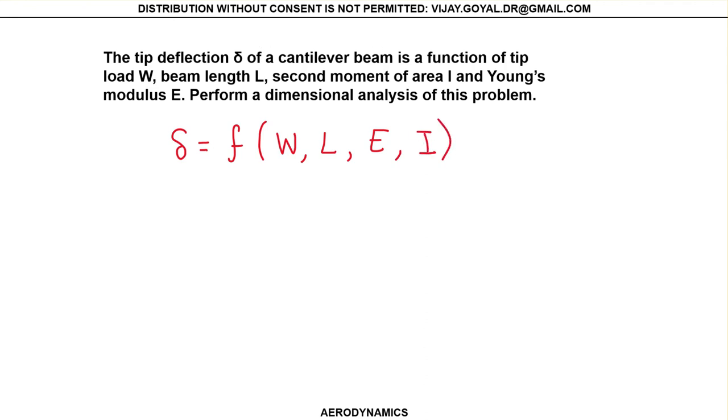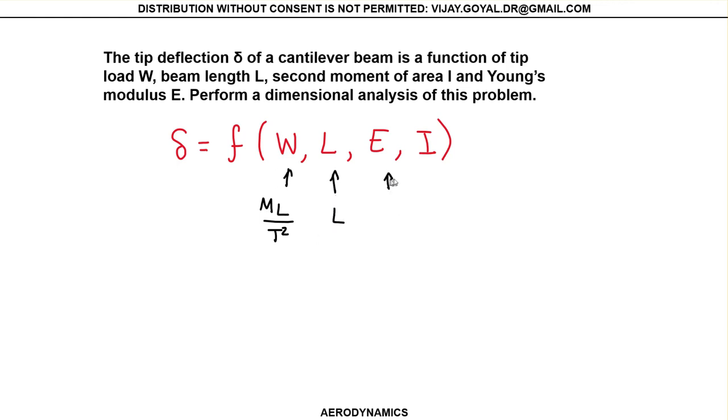And what we know in the problem is that W is mass times length over time squared. We know that the length is length.